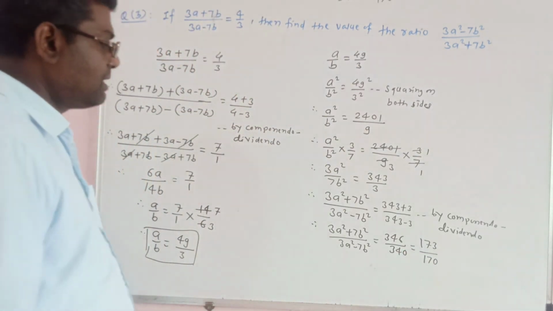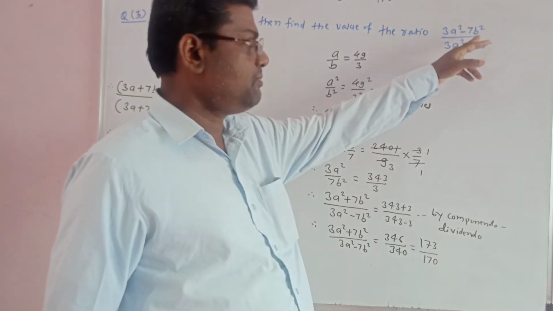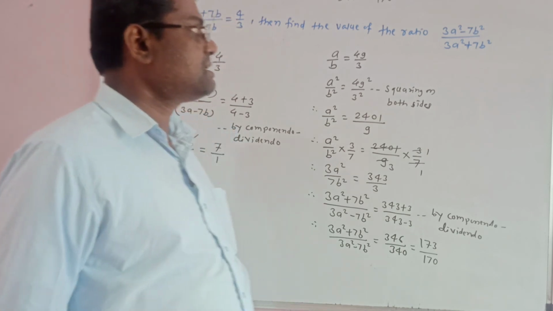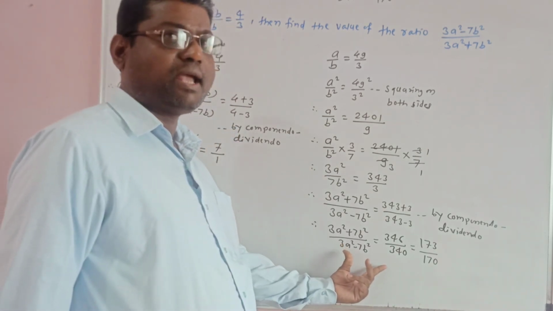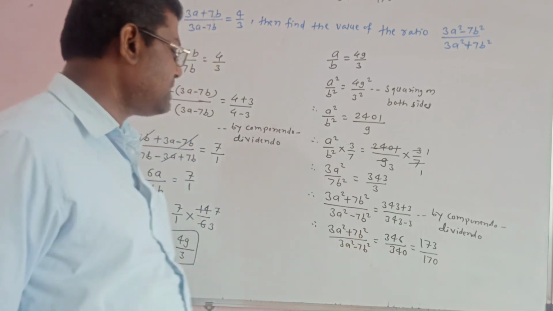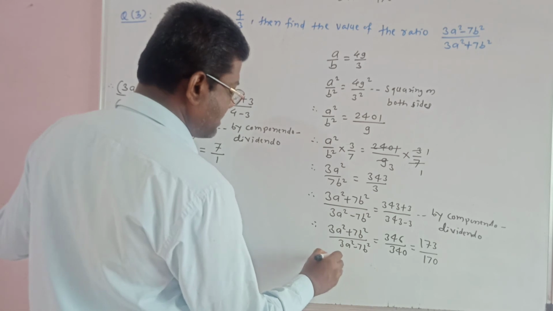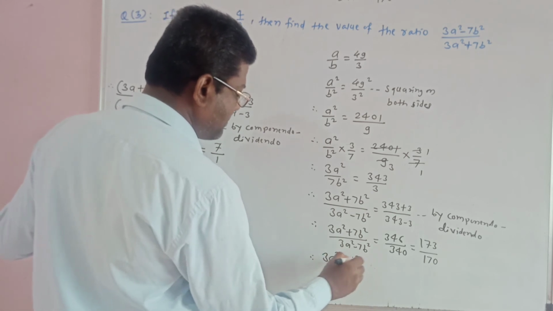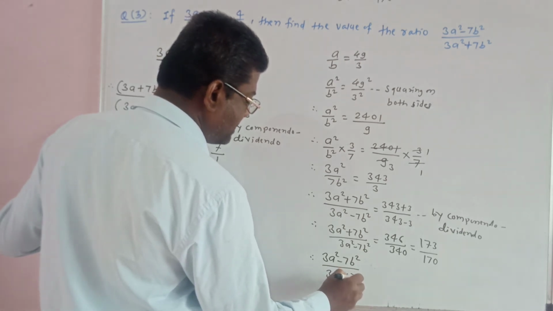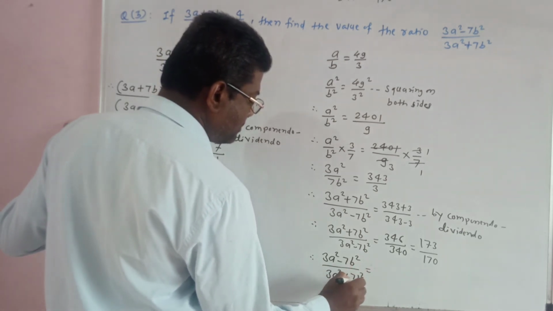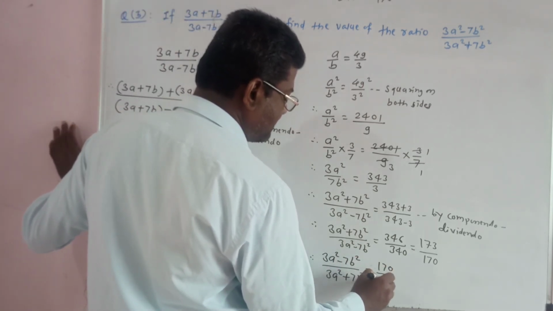170. Now we want the value of 3a square minus 7b square upon 3a square plus 7b square. Therefore we have to take the invertendo of this ratio. Therefore 3a square minus 7b square upon 3a square plus 7b square is equal to 170 upon 173.